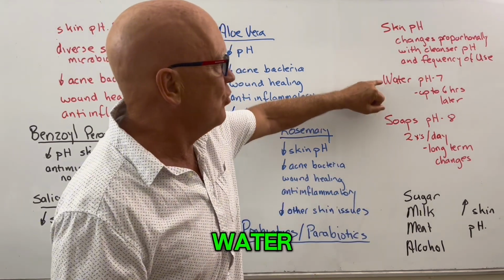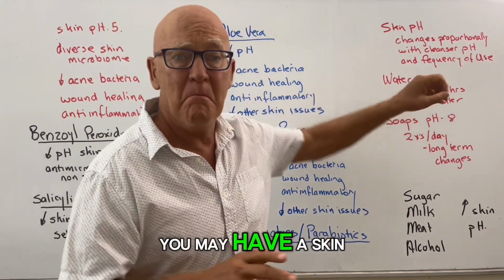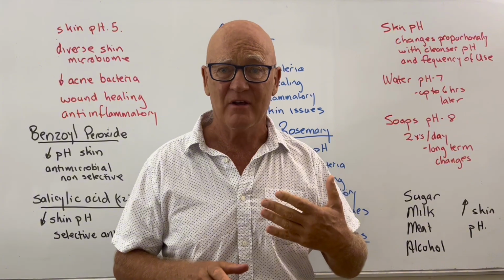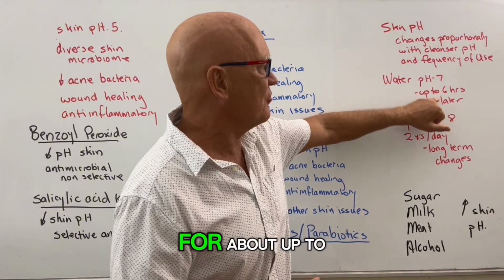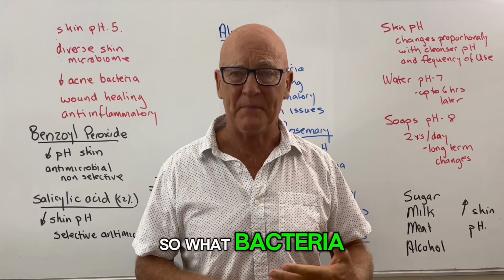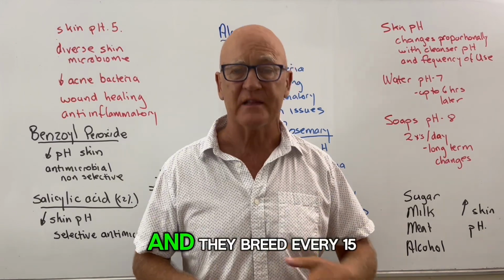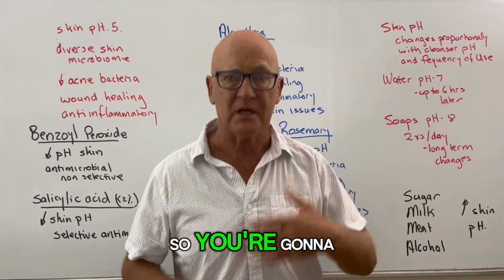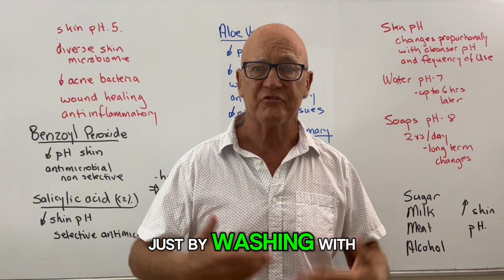So if you're washing with water, you may have a skin pH up around about 7 for up to 6 hours later. And 7 is not the ideal one. So what bacteria are going to be breeding on your skin? And they breed every 15 minutes or so. So you're going to end up with a lot of bacteria just by washing with water.